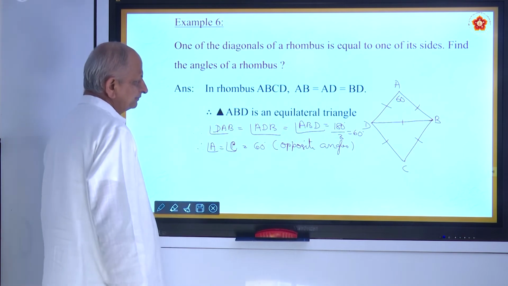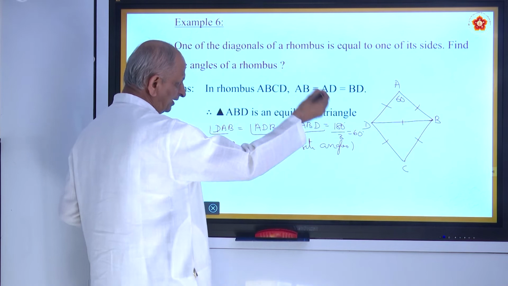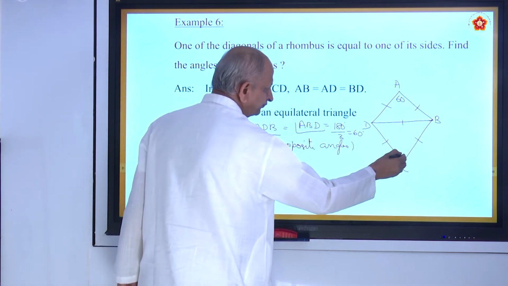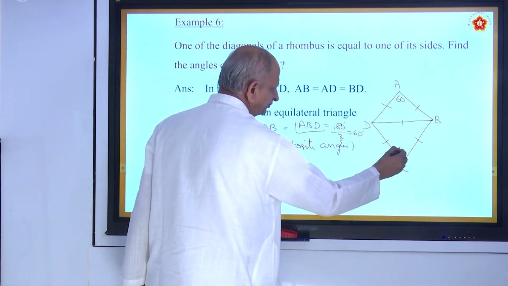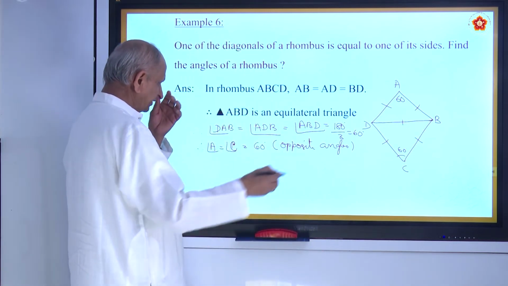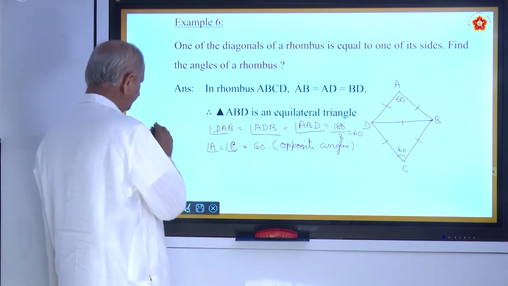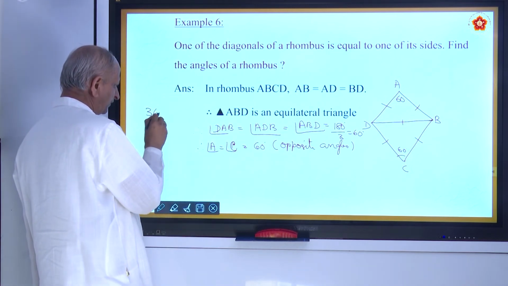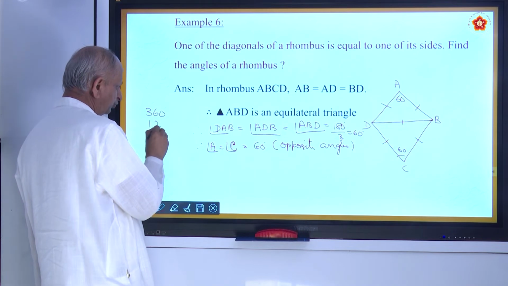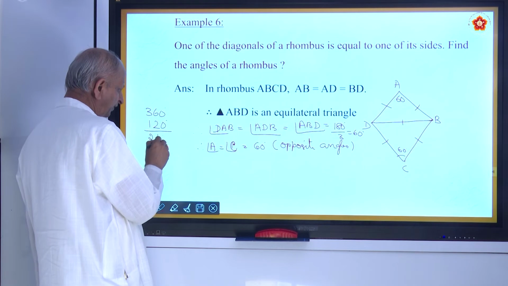And next point, A plus C becomes how much? A plus C becomes 120. What is the sum of all the angles? 360. So 360 is the total angle of rhombus. In that the sum of the two angles is 120. So you have how much? 240 degrees.